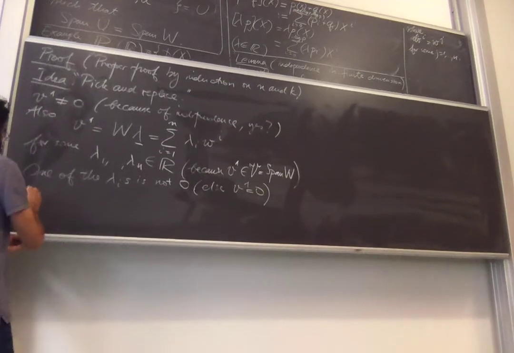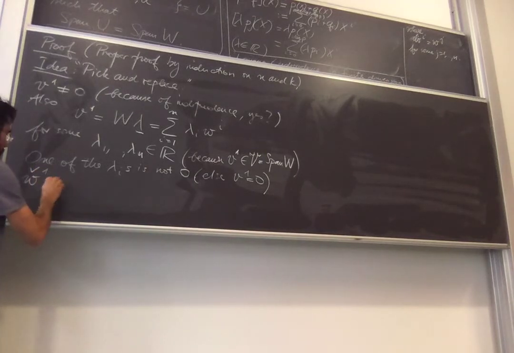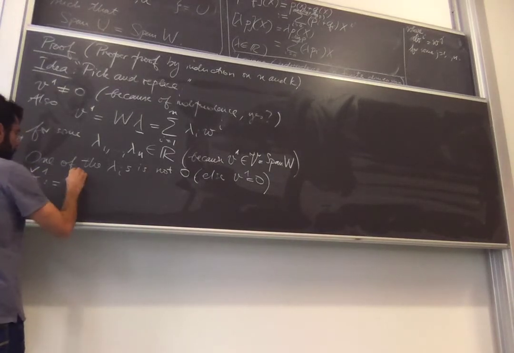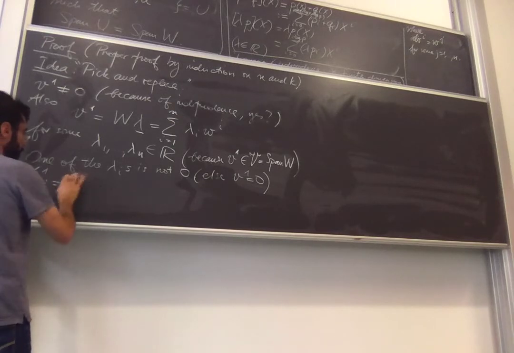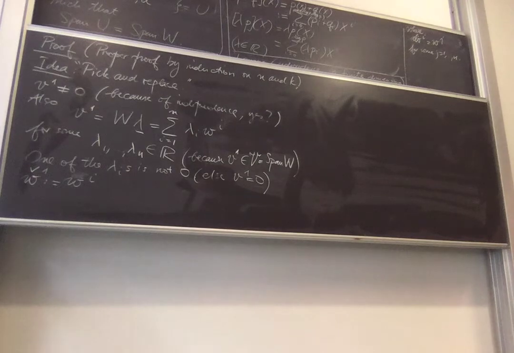So let me call it W check 1. This is W_i. Define W check 1 to be the W_i which corresponds to this lambda_i which is not 0, which corresponds to the one that makes V1 not 0. Say, for example, the smallest one.